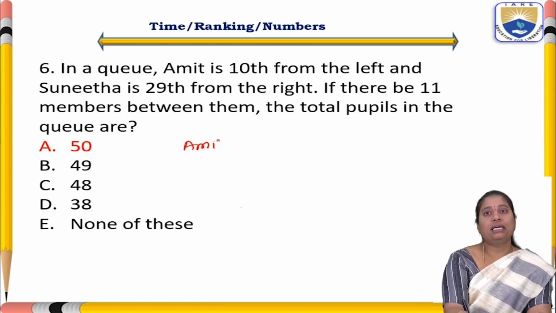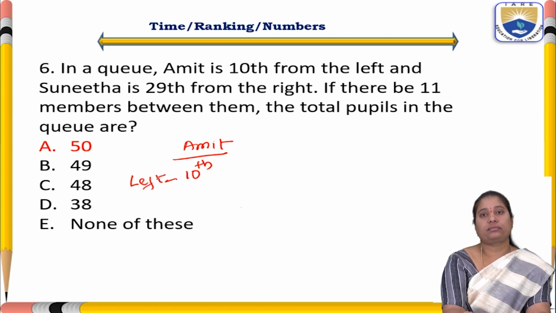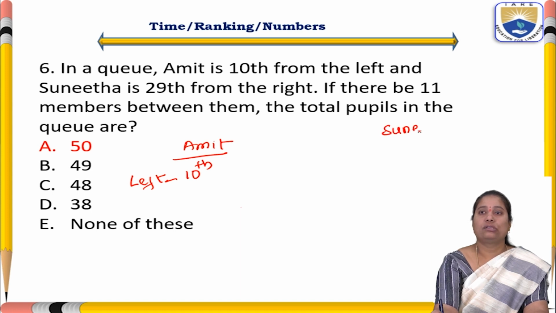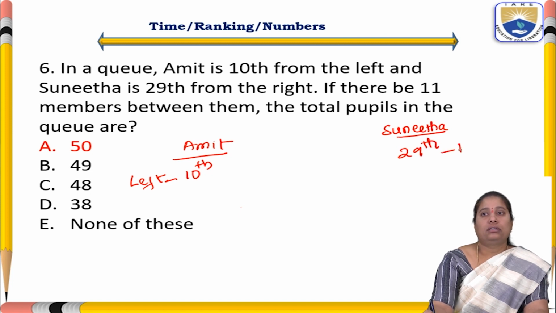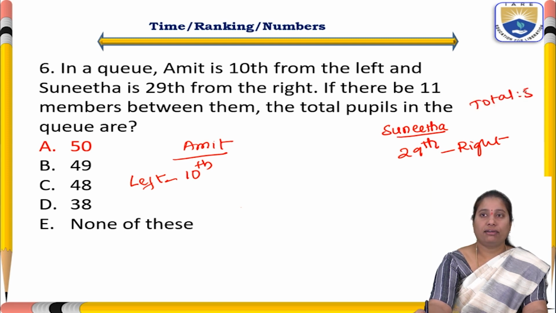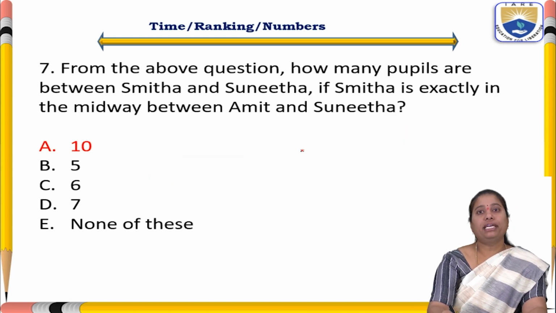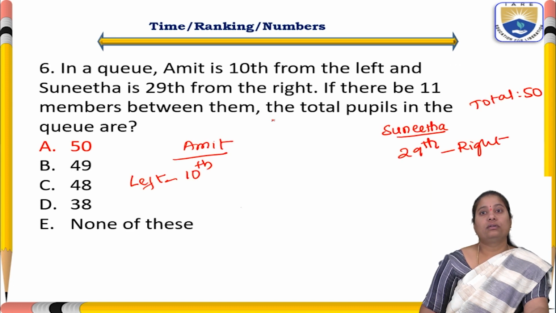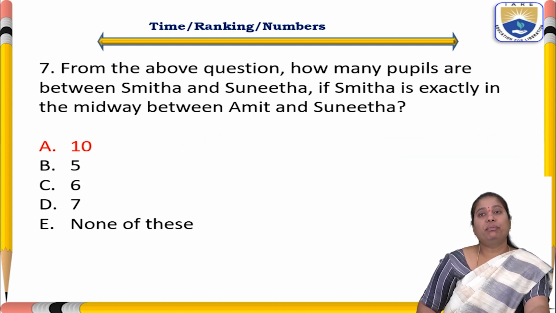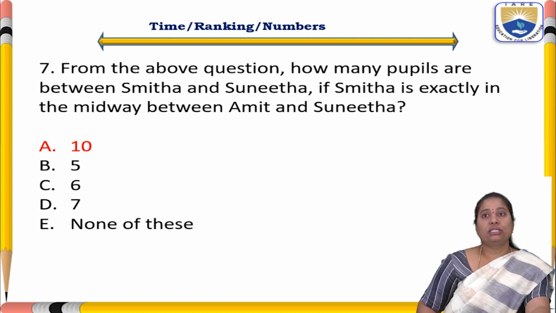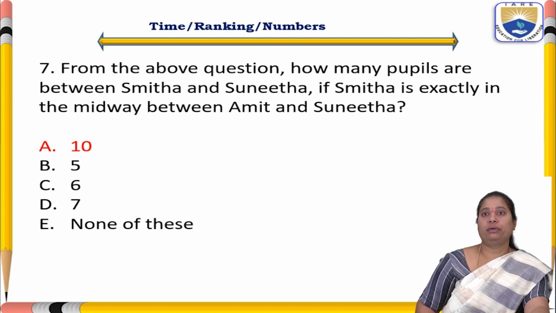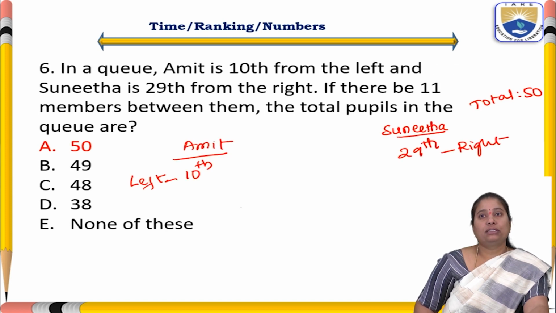Amit is 10th from the left, whereas Sunita is 29th from the right, and the total strength of the class is 50, because in between them 11 members are there. Now we relate this to the above question.